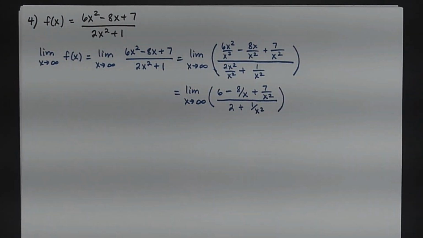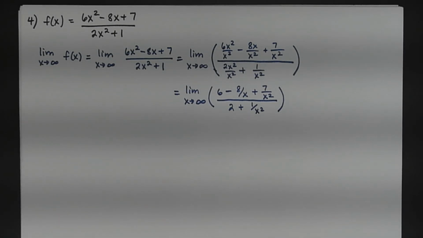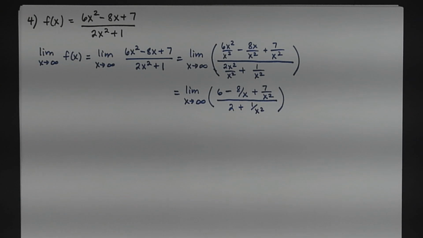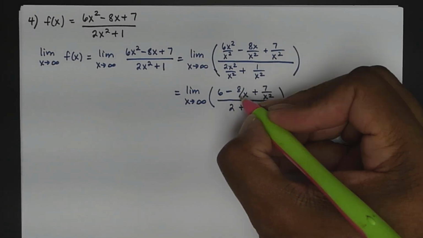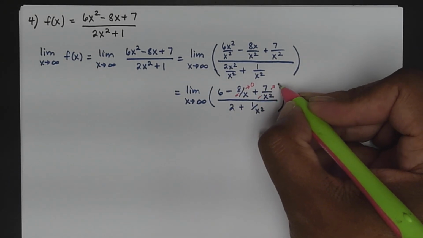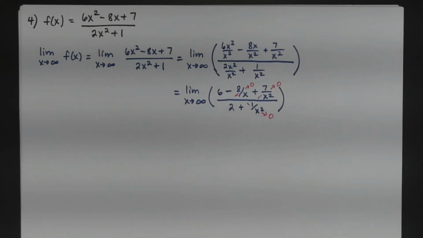And I'm going to use that rule that says if you take the limit as x approaches infinity of 1 over x to whatever your power is, that's going to go to 0. So as we let x approach infinity, this 8 over x will be going to 0, 7 over x squared goes to 0, and 1 over x squared goes to 0.